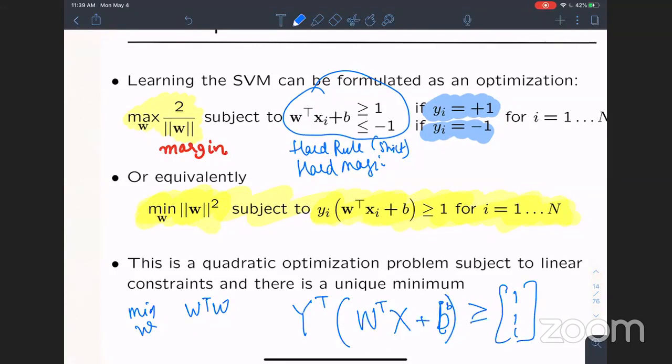And then you can use an inbuilt QP solver. It's a quadratic problem because you have a square or a quadratic term, so you can use a standard QP solver from linear algebra. You don't even have to use SVM fit and all those fancy SVM libraries or algorithms. You can directly use a QP solver from linear algebra. A QP is like W transpose AW plus BW plus C, minimized with respect to some constraints.